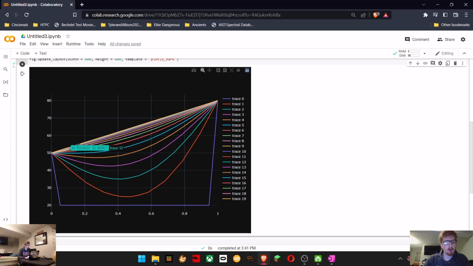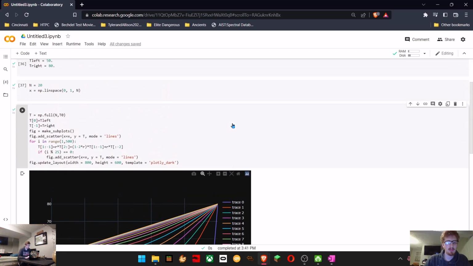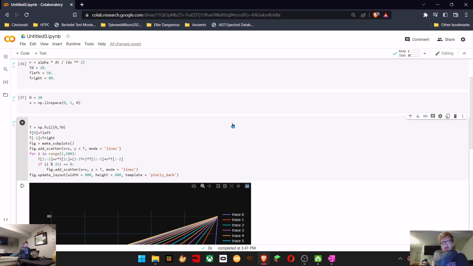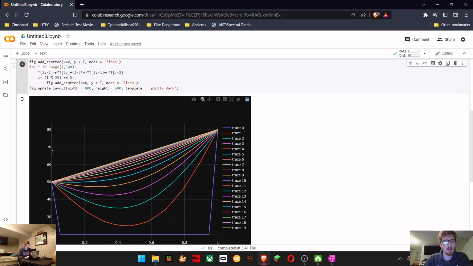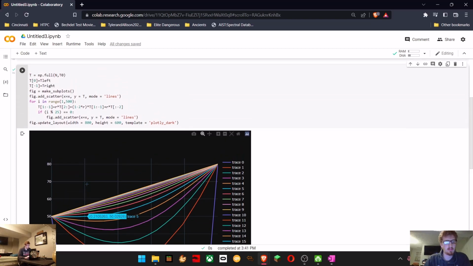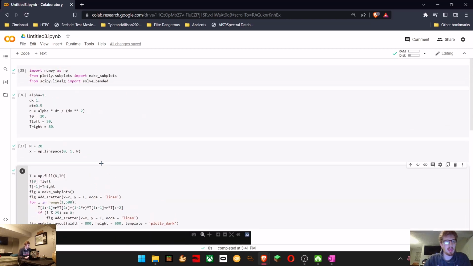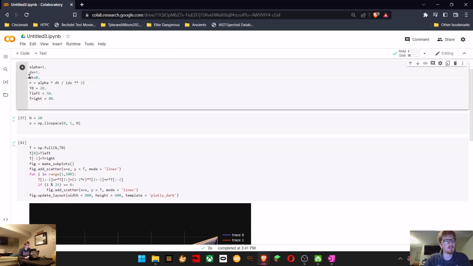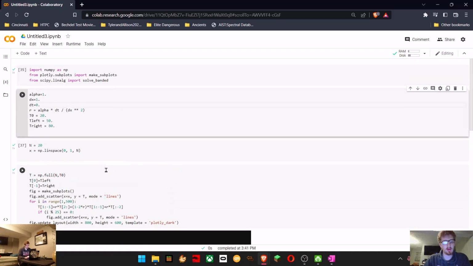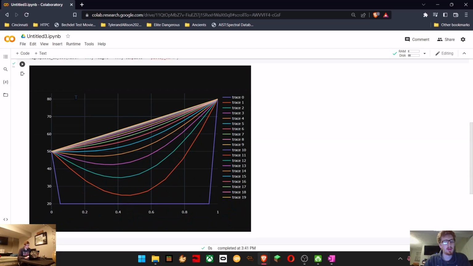So these are all our different temperature profiles at different positions and different time intervals. And what we want to show is that as we change this time increment, the graph gets weird when we go above 0.5. Let's show what it looks like going below 0.5.